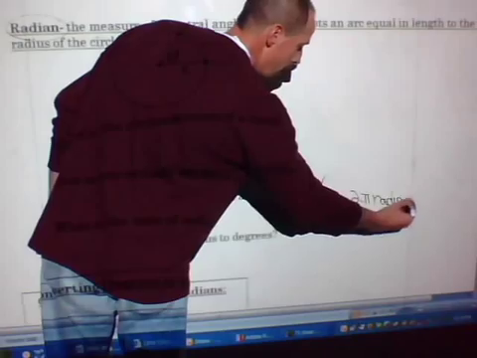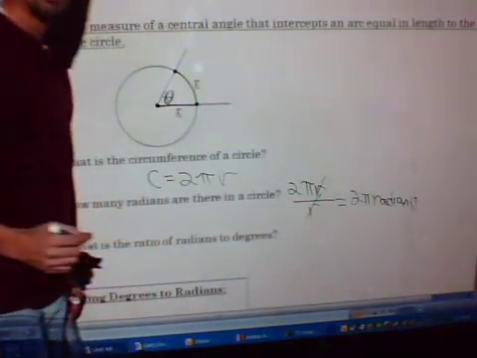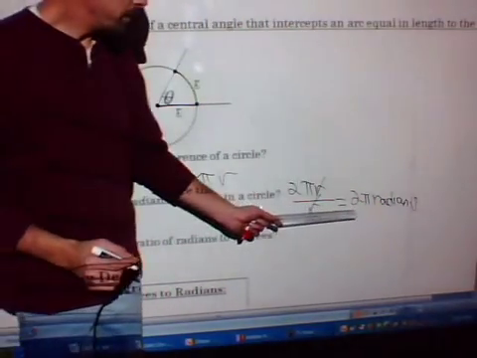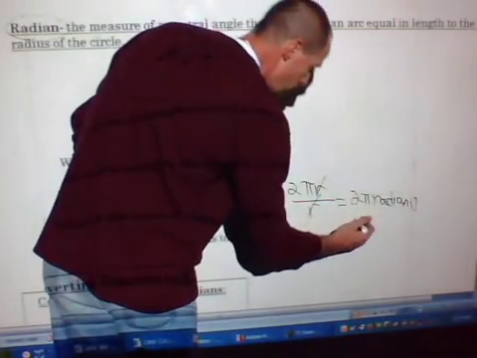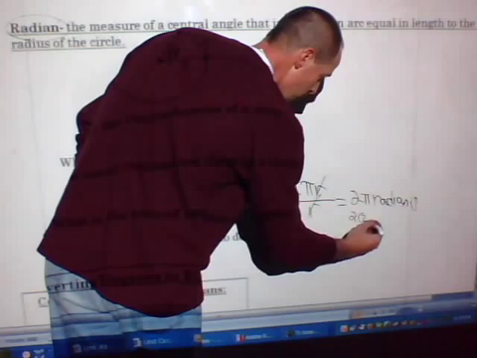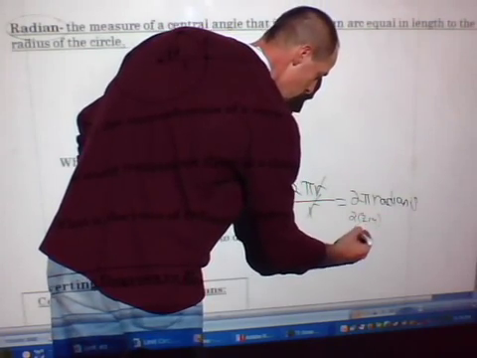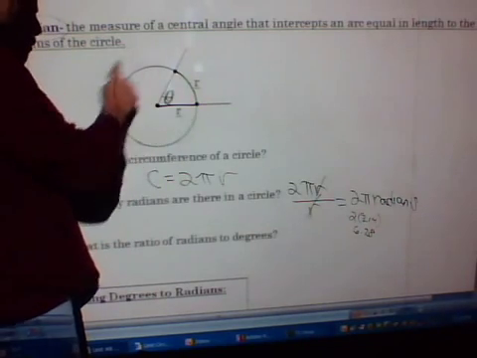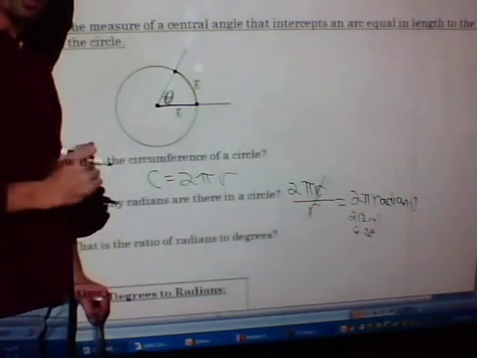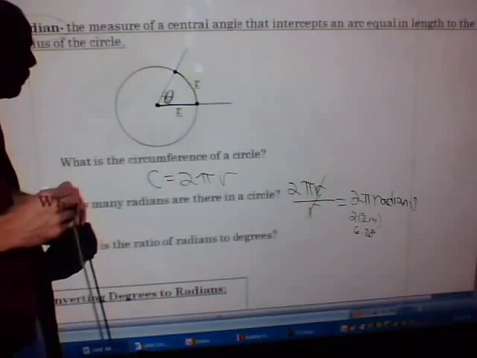So there are 2 pi radians in a circle. Now, if you consider pi approximately 3.14, 2 times 3.14 gets you 6.28. So the measure around the circle in radians is approximately 6.28.